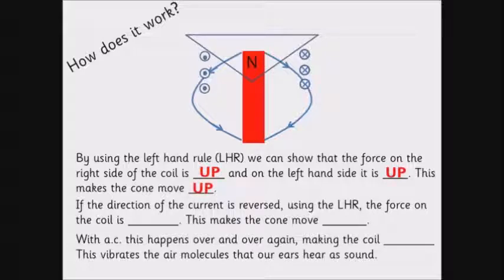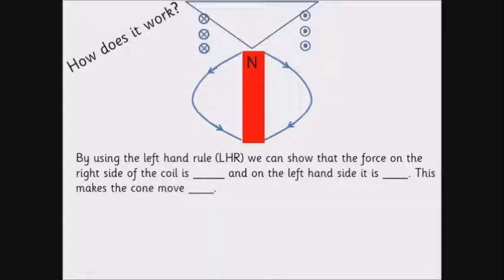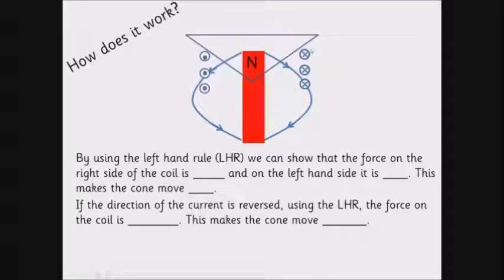Now, when you reverse the currents, if I just go back a few steps, okay, that's moved the cone up. If we reverse the current, so on this side of the coil we make it a dot, which means coming towards us, and this side of the coil we make a cross, which means going away from us, then everything will reverse and the cone will be forced downwards.